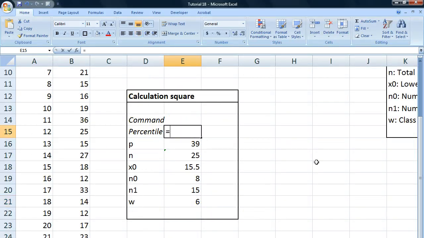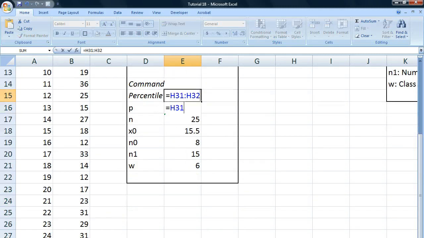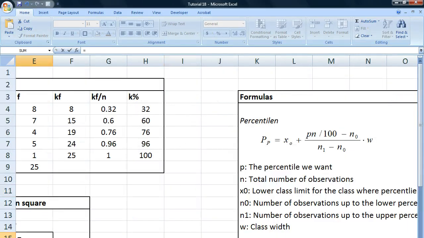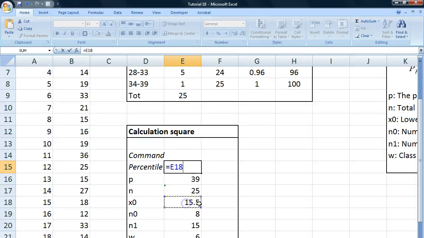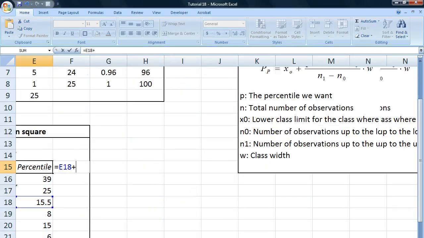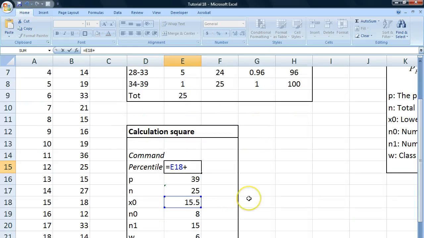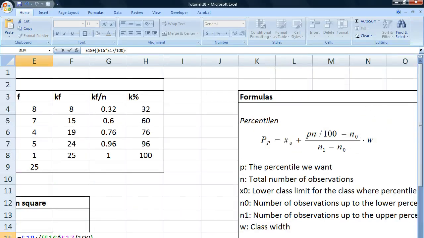So we're going to write equal to, and take a quick look at our formula again. We need x0, okay, x0 plus, take a look at the formula again, Pn divided by 100. We need two parentheses, and we go P multiplied by N divided by 100. We close that parenthesis. Minus N0.